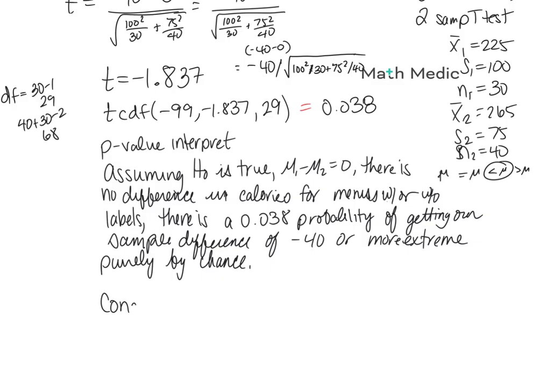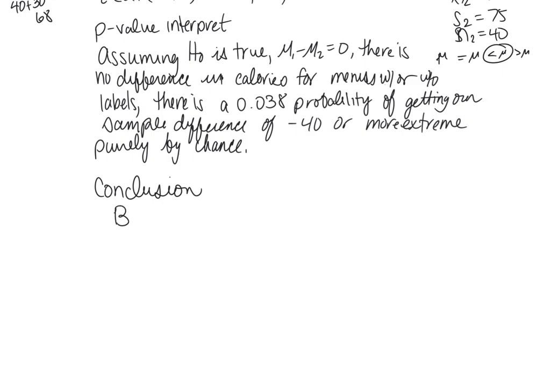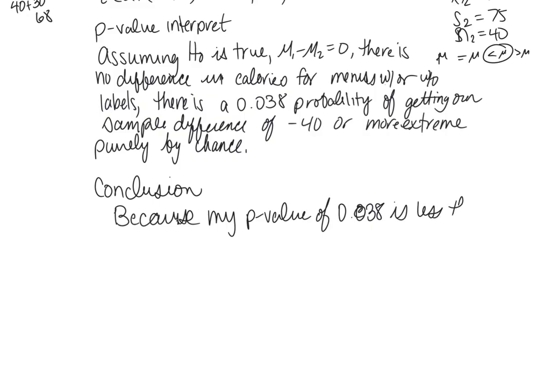And in conclusion, because my p-value of 0.038, include the number, don't just say my p-value, include the number, is less than alpha of 0.05, I reject H0.